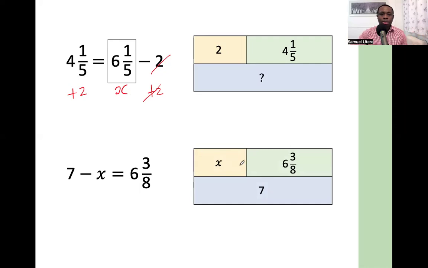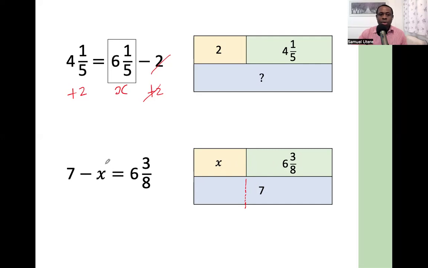But I want to tell you that, okay, if we wanted to find x, it means we have to subtract 638 from 7, because if we take that slice off, whatever is left will be x. Okay? So if we take that slice off from 7, which is equal to 638, whatever is left will be x. But let's solve it using algebra, how to solve equations.